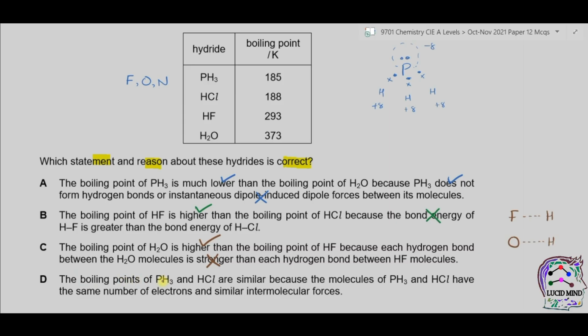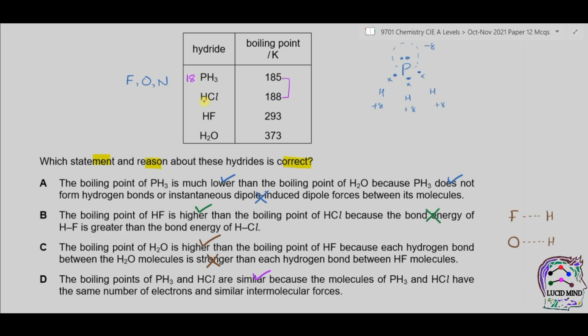Part D, the boiling points of PH3 and HCl are similar. These are almost similar because the molecules of PH3 and HCl have the same number of electrons and similar intermolecular forces. Let's look into the number of electrons. Atomic number of phosphorus is 15. We have 3 hydrogens, so 15 plus 3 we have 18 electrons present.